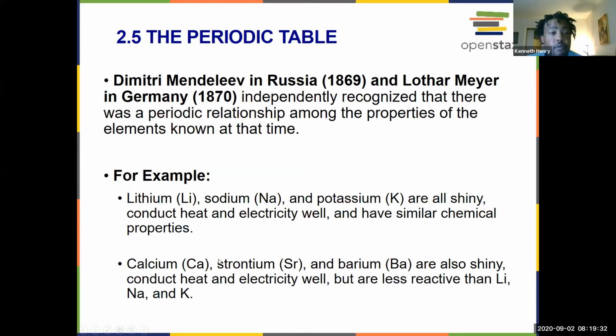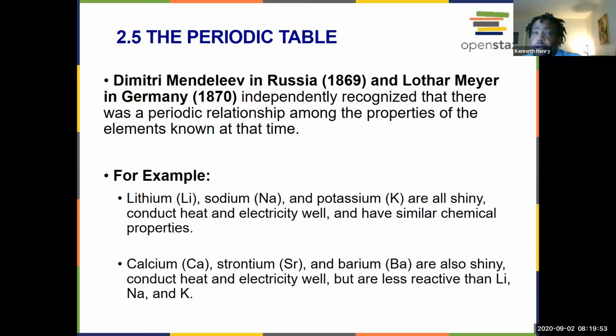What they found is that when they were looking at things, they found metals that had the same properties. They had lithium, sodium, and potassium. They were all shiny. They all conducted heat really well. They also conducted electricity. So these guys have very similar properties, right?